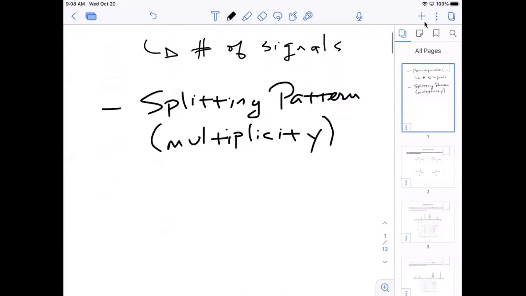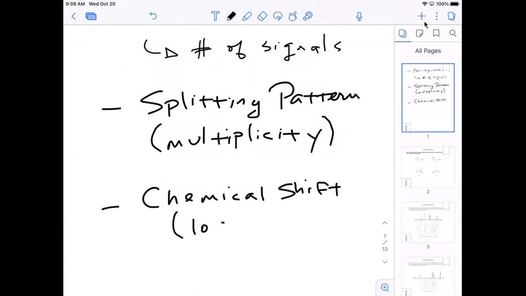We talked about the chemical shift, which is the location, and that's in parts per million.